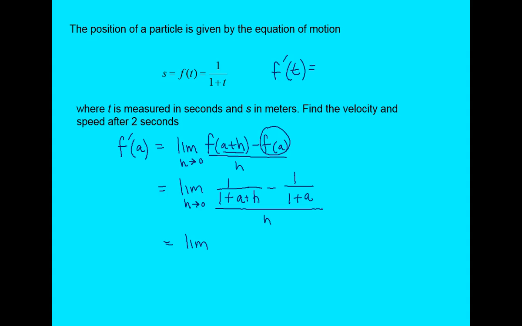Let's find a common denominator in the numerator. So if we found our common denominator, we'd get 1 plus a minus 1 plus a plus h divided by 1 plus a plus h times 1 plus a, all divided by h as h goes to 0.